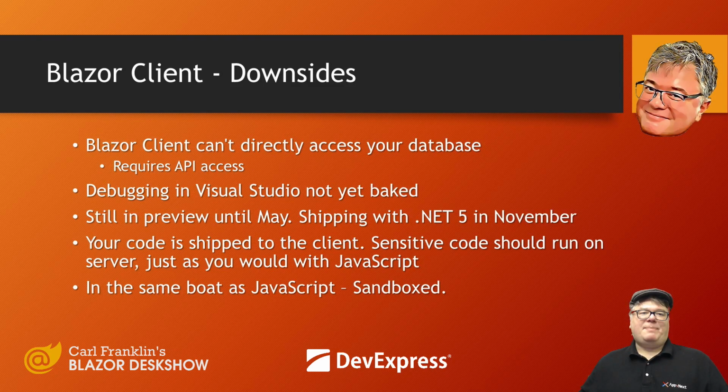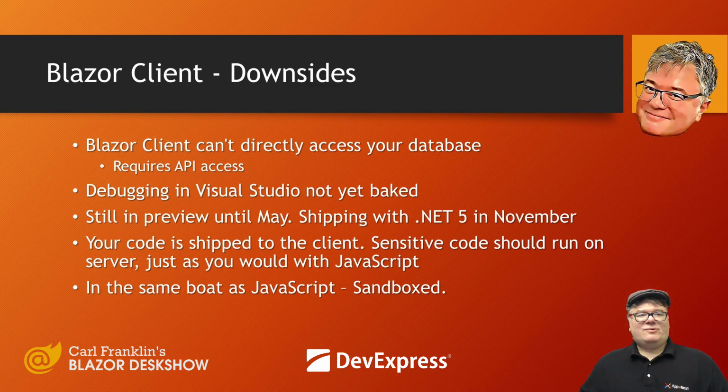You have to make an API layer to do that. So that's the moral of the story: once you get into Blazor WebAssembly, anything that requires access to resources you don't want your client directly to have access to, you have to do through an API.